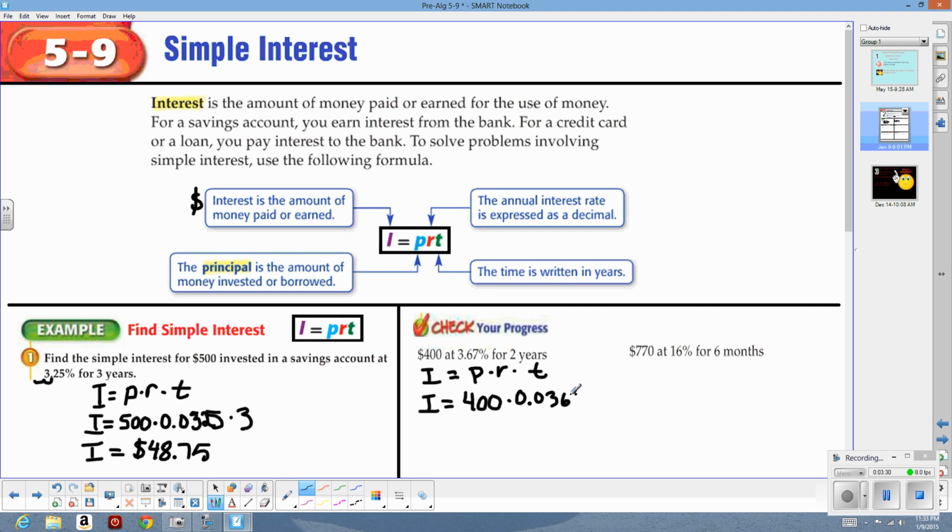And then multiply it by the time in years, which in this case is 2. Multiply those together, and you get $29.36.